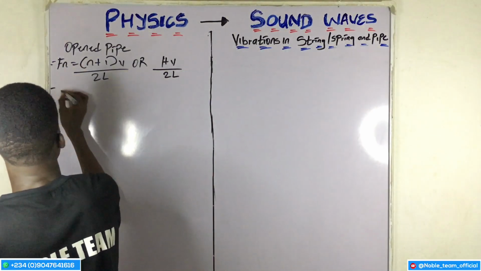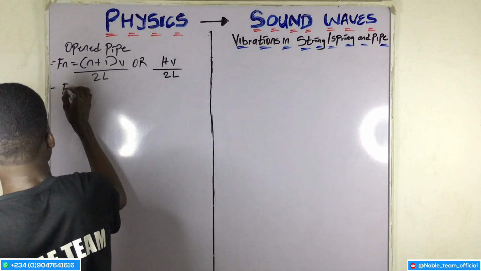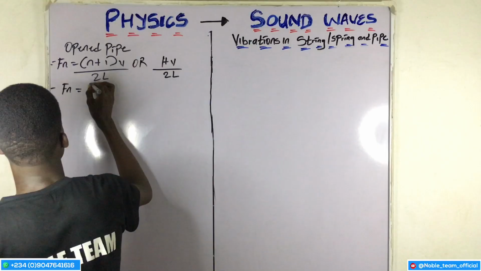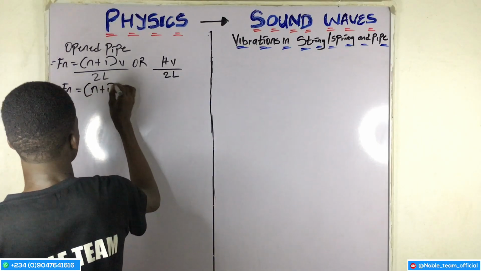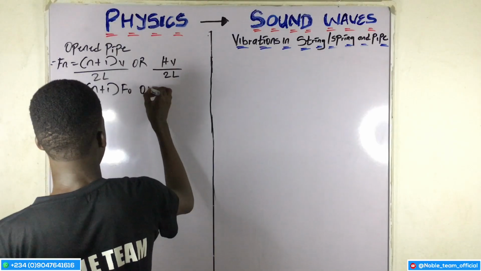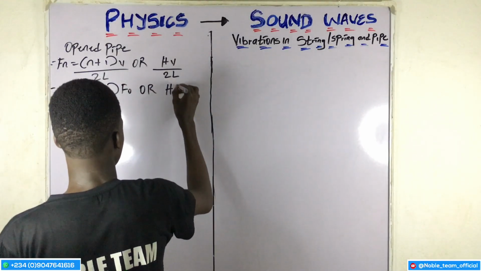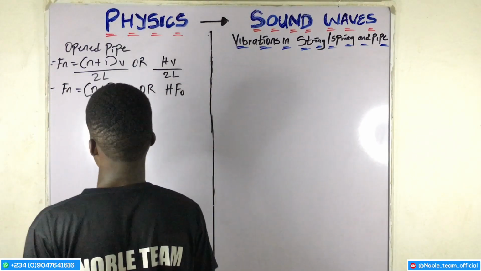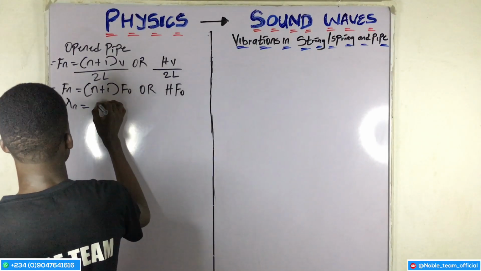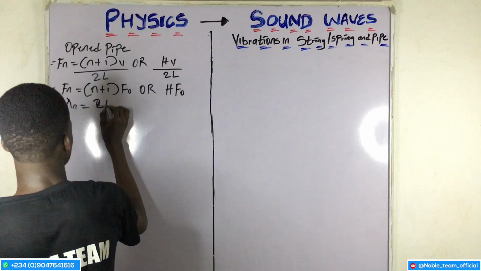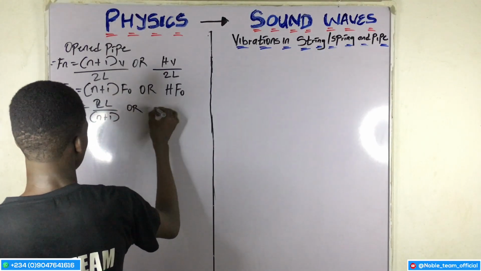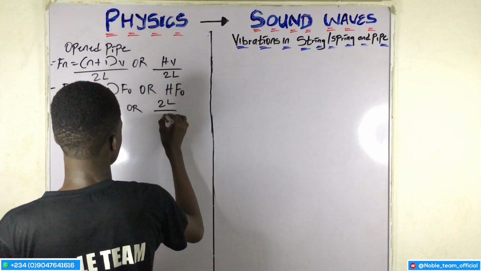Open pipe. We also have that Fn is equal to (n plus 1) times the fundamental frequency, or H multiplied by the fundamental frequency. We also have wavelength equal to 2L over (n plus 1), or 2L over H.